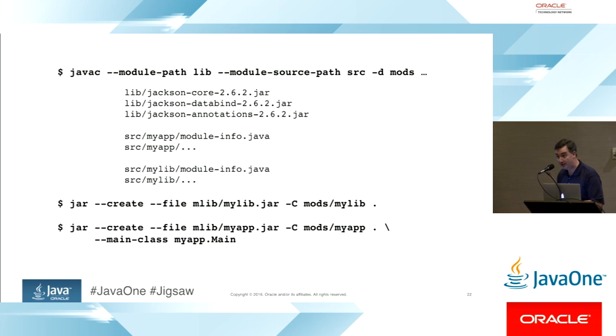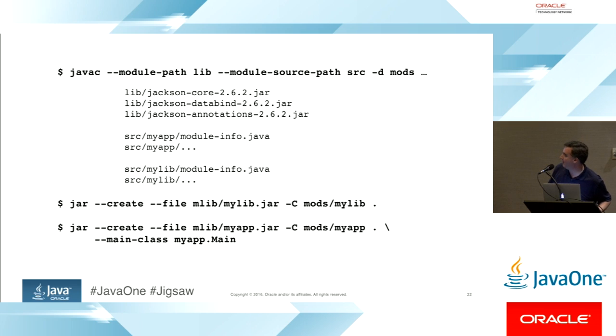Speaking of the compiler, let's see how you run it for these module declarations I've been talking about. We've got the JAX and jar files in the lib directory, where they always were, and we're going to treat them at compile time as automatic modules by putting them on the module path to the compiler. Then we've got the myapp and mylib source in the source directory.